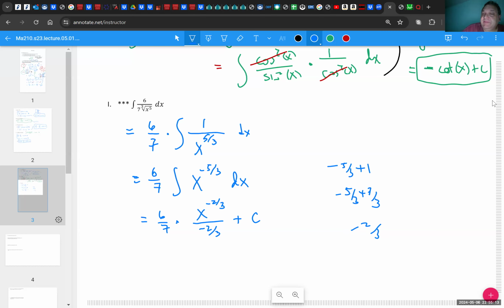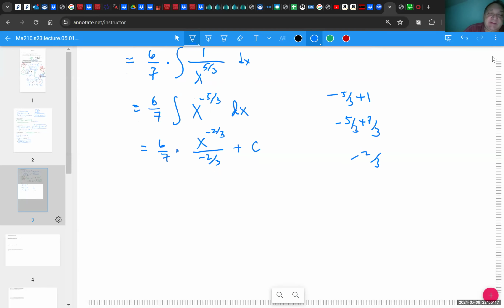We will need to simplify this, just combining things together, making it look not so messy. So I'm going to, instead of divide by this, multiply by the reciprocal. And I can combine these together. Some people will divide before they multiply, or you can multiply and then simplify, or then divide.